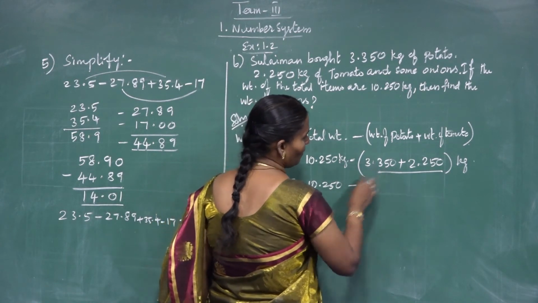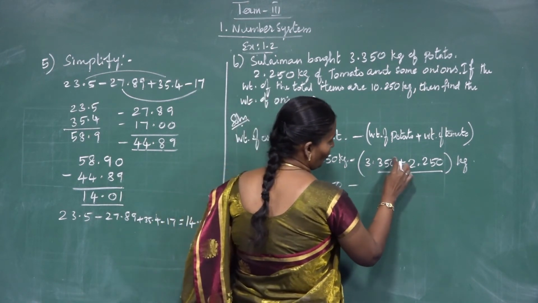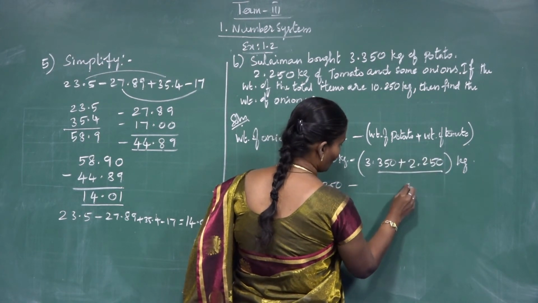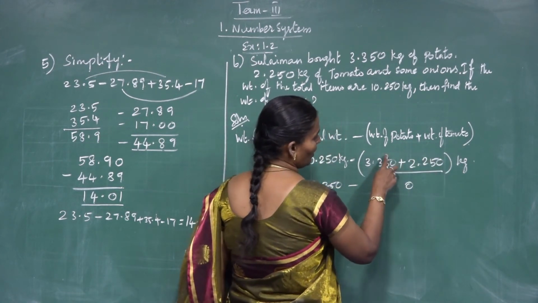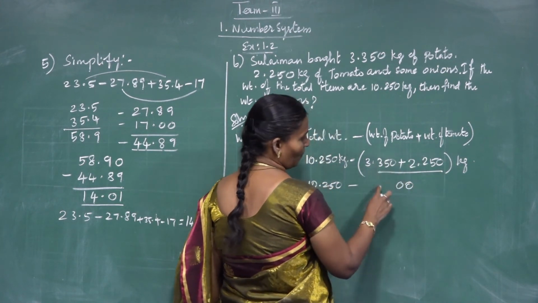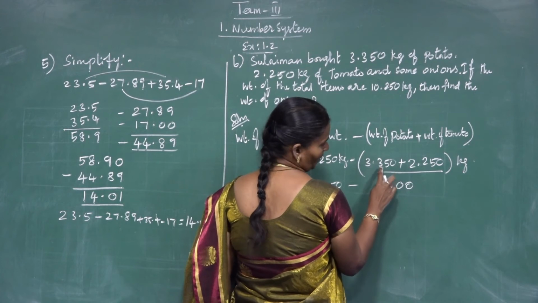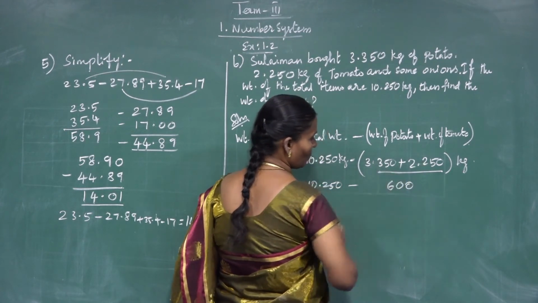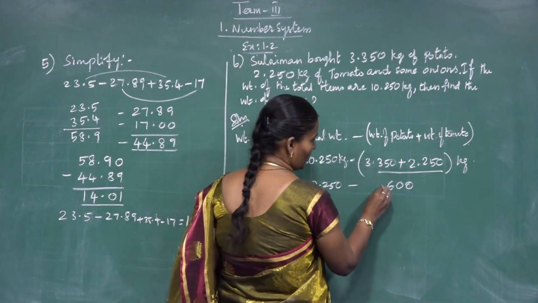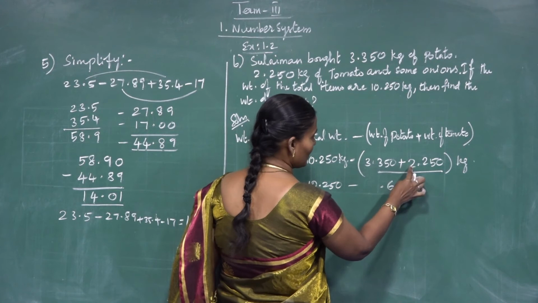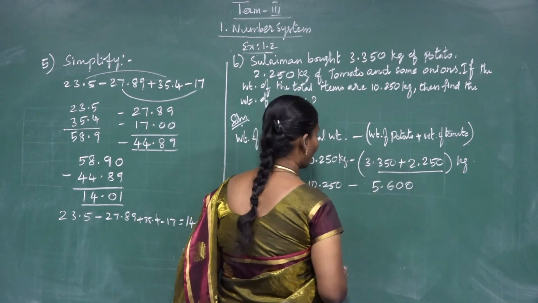Then minus. Add these two: in the thousandth place, 0 and 0, so 0. In the hundredth place, 5 plus 5 is 10, remaining 1. In the tenth place, 3 plus 2 is 5, 5 plus 1 is 6. Point. In the ones place, 3 plus 2 is 5.